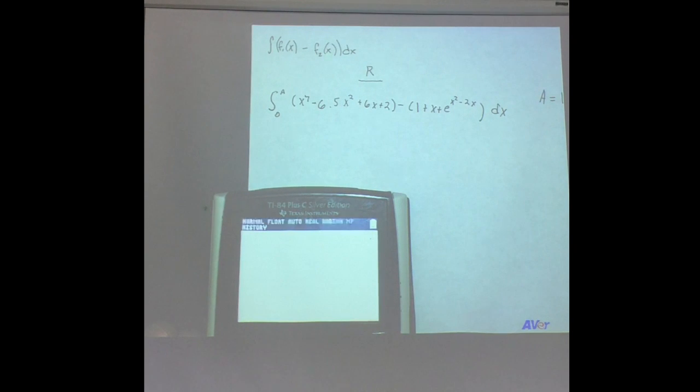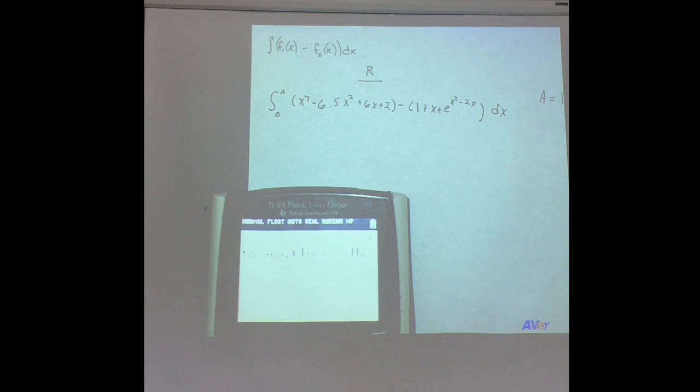So for our integral, it is from 0 to 1.032 of our first equation, which is going to be, like I wrote down a second ago, x to the 4th minus 6.5x squared plus 6x plus 2, close parentheses, minus, open parentheses, 1 plus x plus e to the x squared minus 2x, close parentheses.